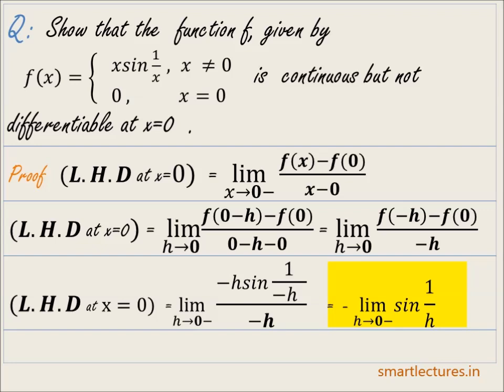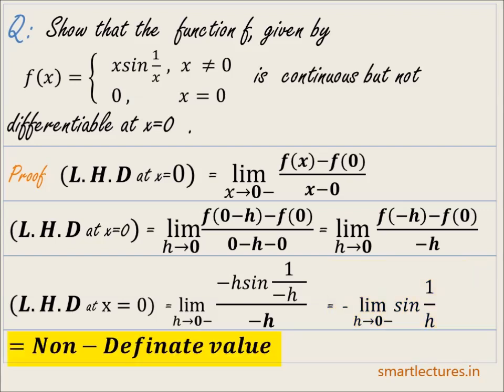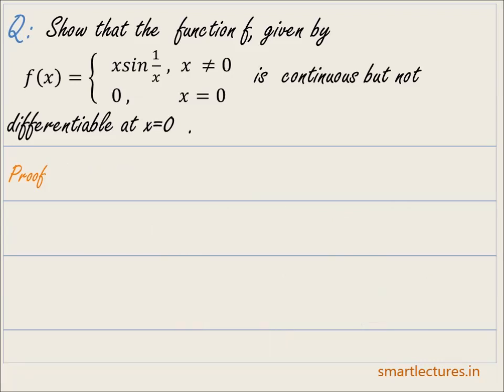But the left hand derivative will exist if and only if we get a definite value as its left hand derivative, which is not achievable in this case. So that means its left hand derivative at x equal to 0 doesn't exist.